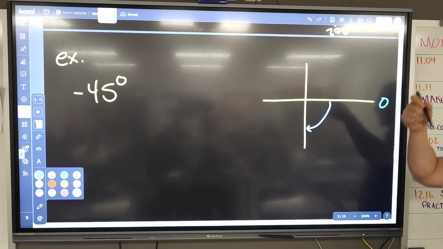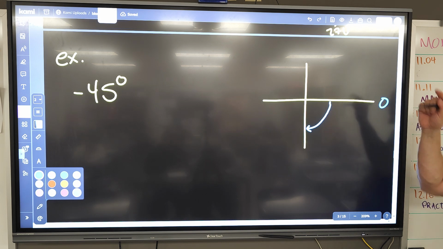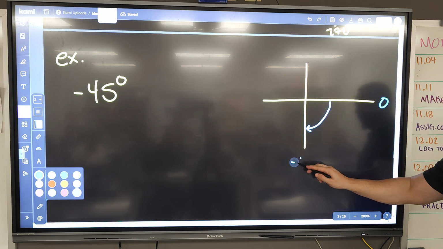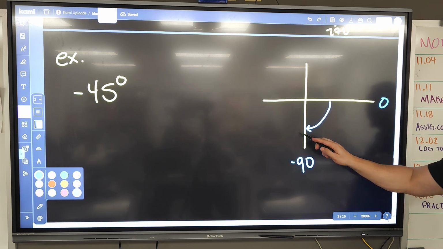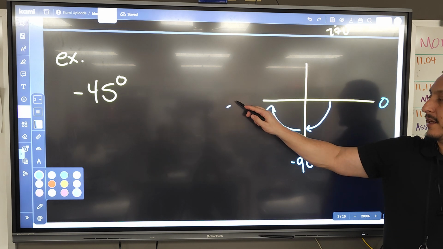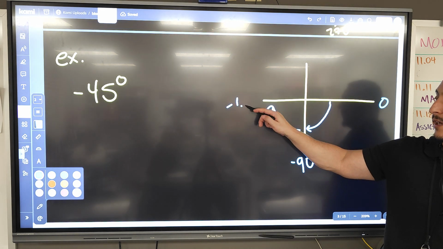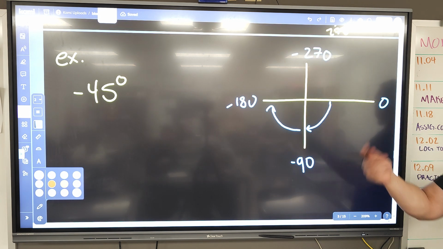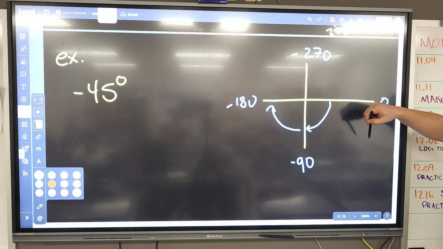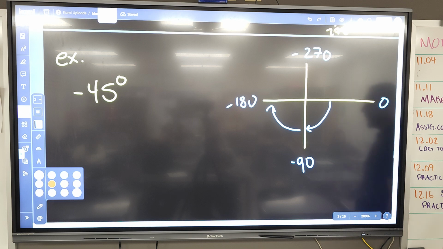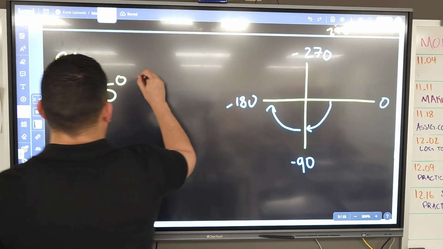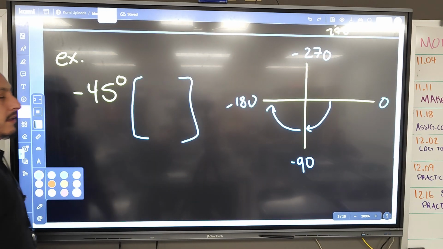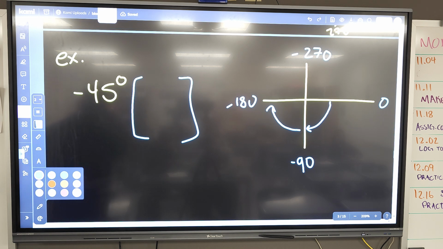Instead of counterclockwise, I go clockwise. That's negative 90, negative 180, negative 270 if you go backwards. So negative 45 would be down here. It's backwards, but the converting process is still the same. So go ahead and convert that.